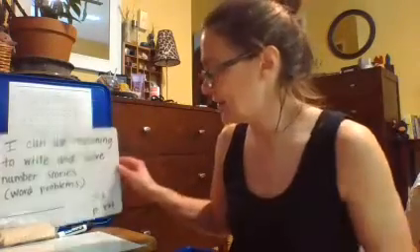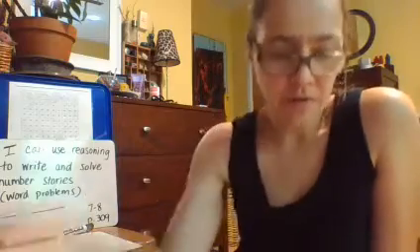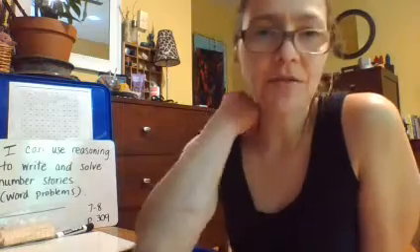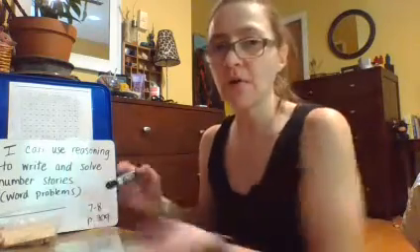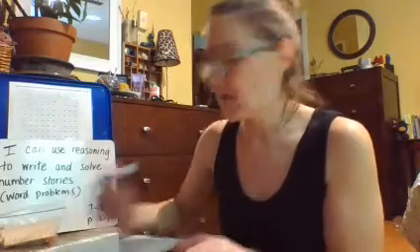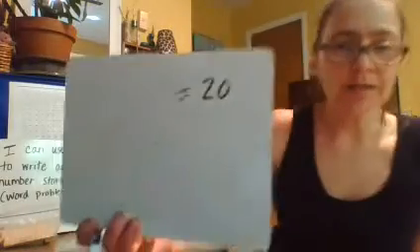All right, let's get started. The solve and share, they're asking you to write a number story that has an answer of 20. So your value, your amount is 20, and it doesn't matter if you are doing a minus or a plus.